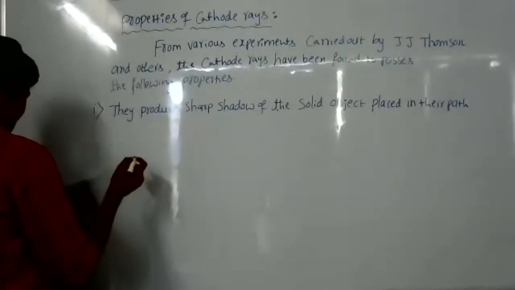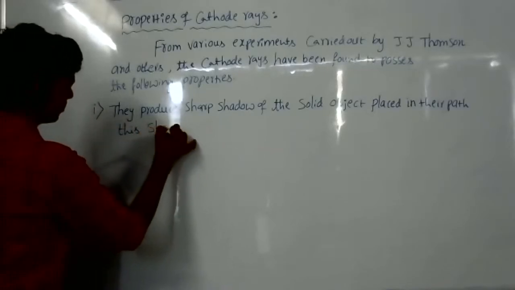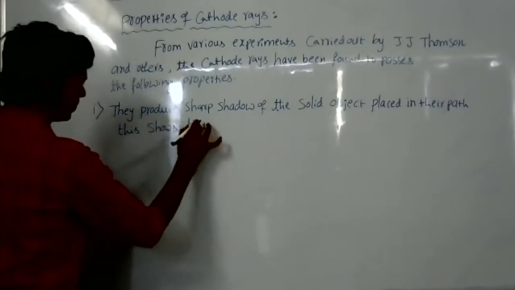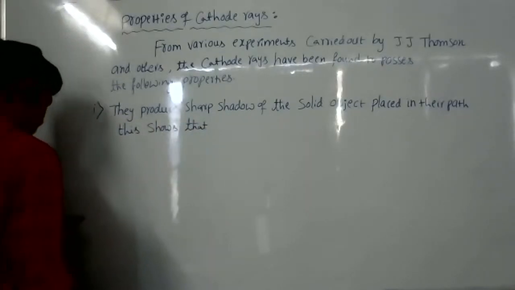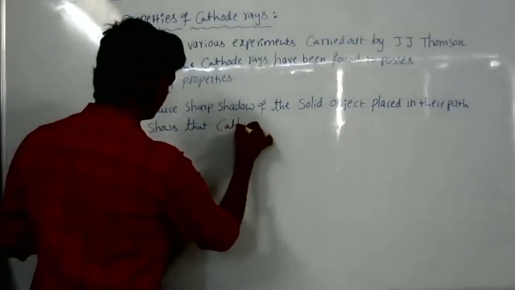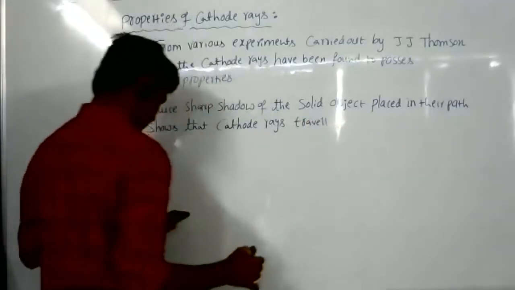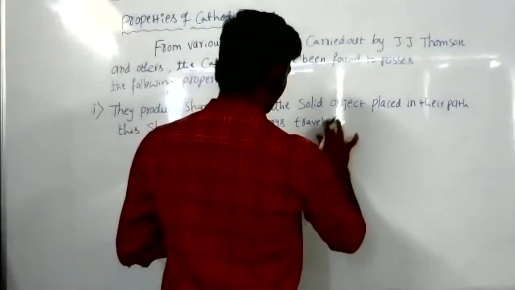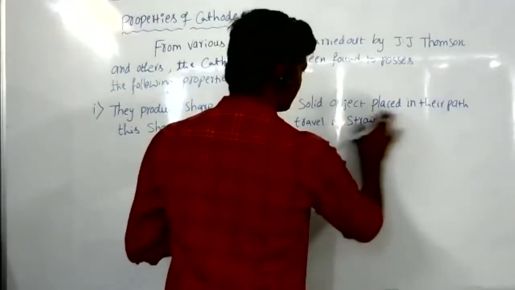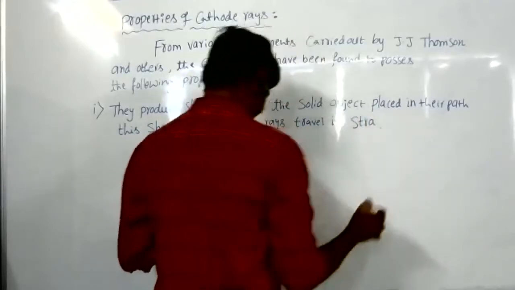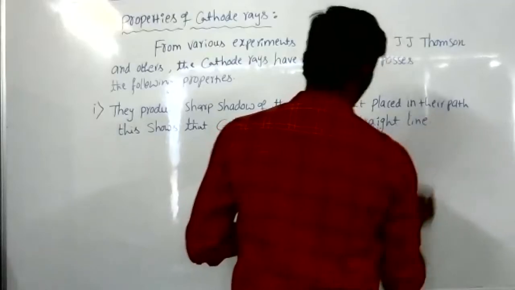This shows that cathode rays travel in a straight line.